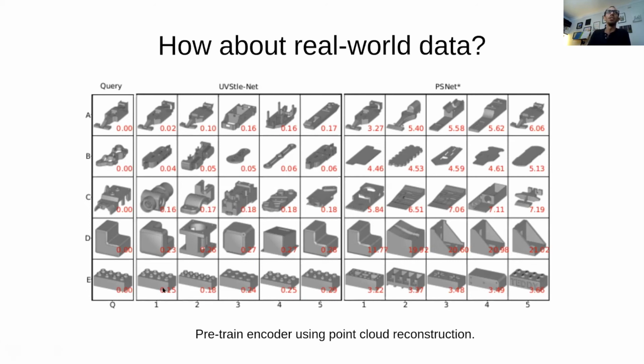UV StyleNet's nearest 5 matches are all different shaped Lego blocks. They share this notch style, but we have blocks of different shapes and sizes, even different numbers of notches. If we look at the previous state of the art, then we see that similar sized blocks are matched, but the style is actually quite different.